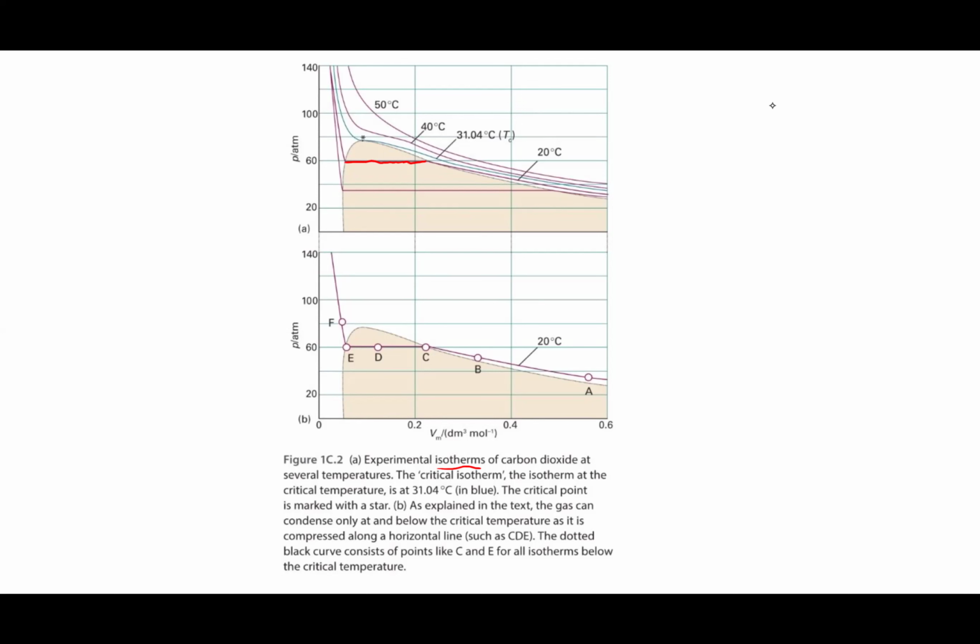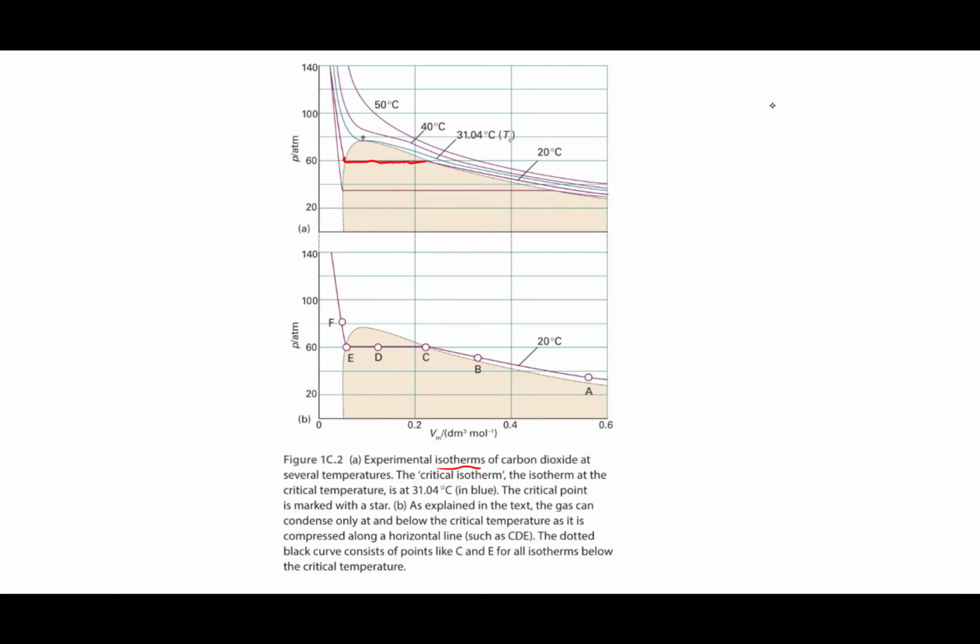And then at some point, when it's 100% liquid, the amount of pressure needed to compress the volume even more increases dramatically, because compressing a liquid or a solid is much harder than compressing a gas.